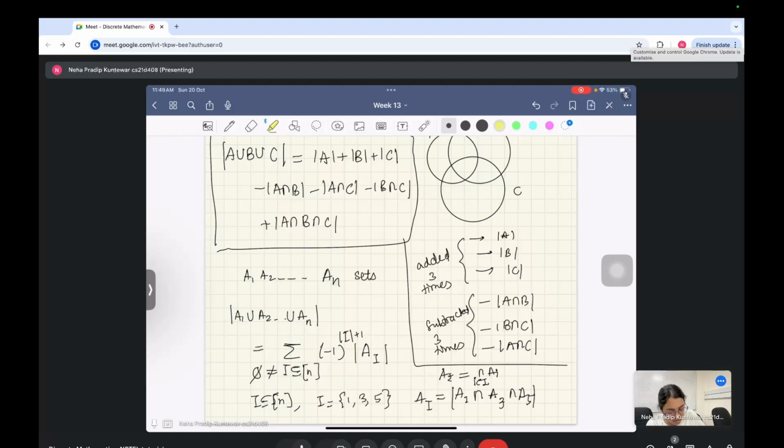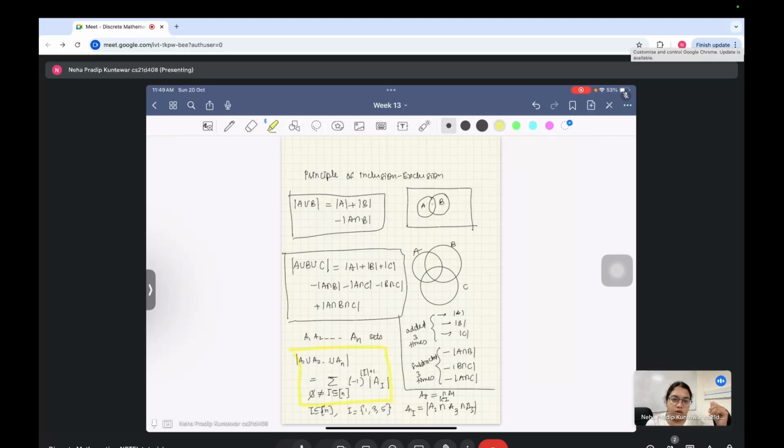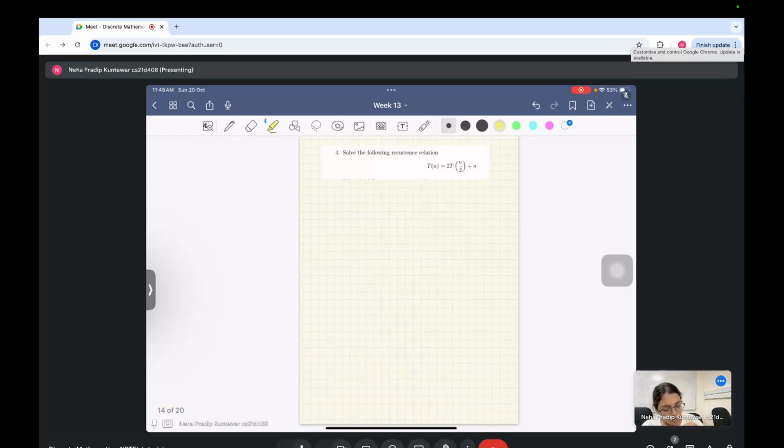So this is the nice formula that PIE gives us. And what we will do is we will solve this question of counting the total number of onto functions by using this idea of principle of inclusion exclusion.